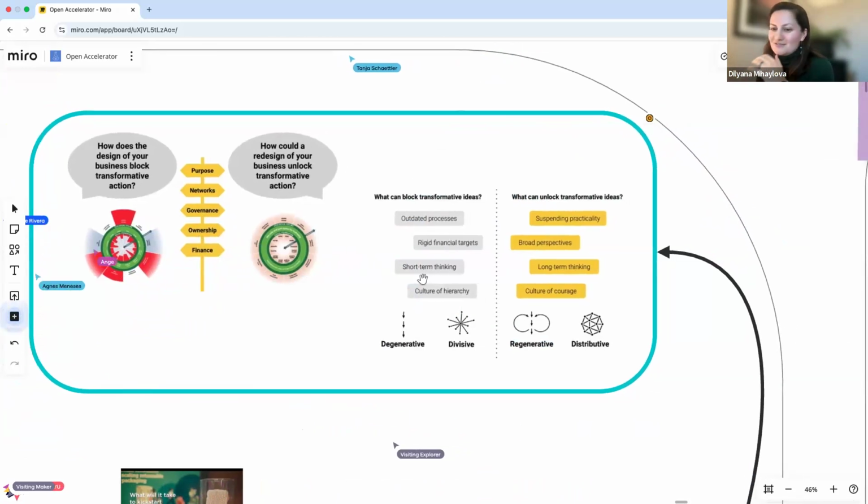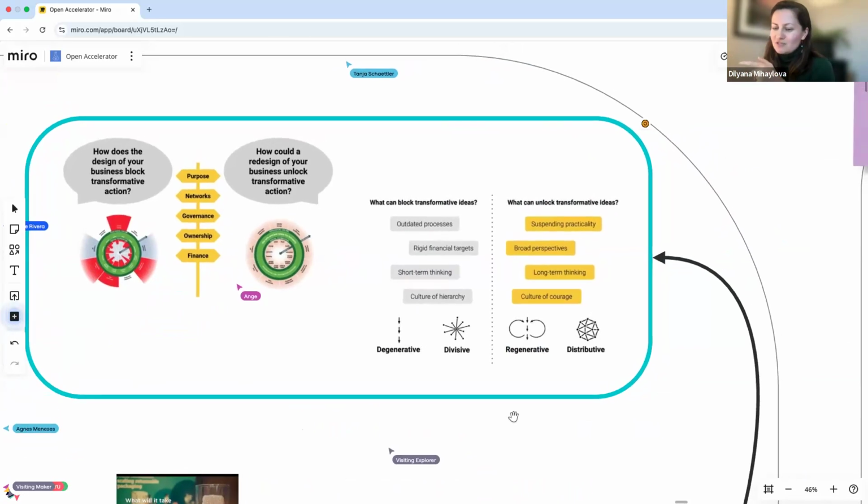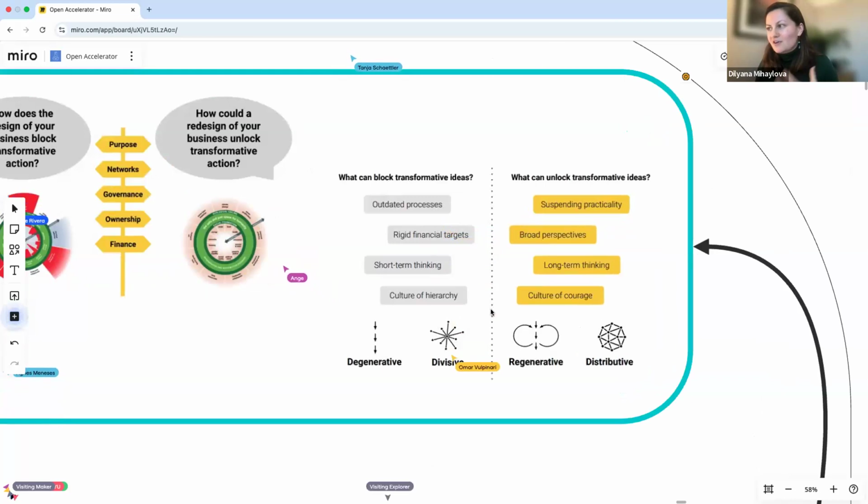So some of that is what I'm currently practicing with some of the smaller businesses here in Wales, and we just ran a workshop on this last week. It's really fascinating to see what things are emerging when it comes to these latest challenges of whether the thinking is short-term or long-term. Is the culture one of courage or of hierarchy? Are we able to suspend practicality long enough to consider some of these biggest ideas that we need for the systemic approaches?